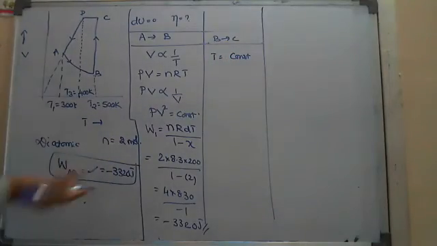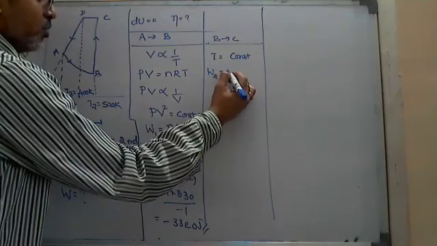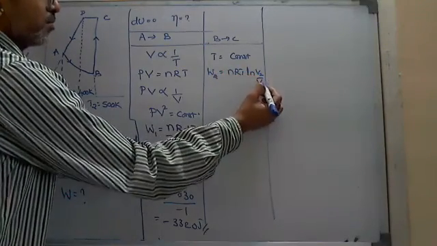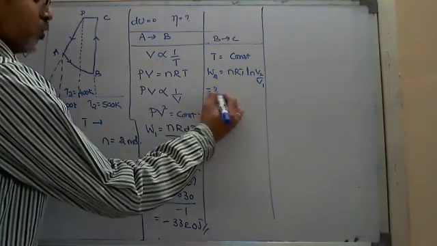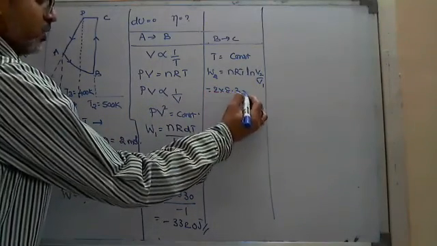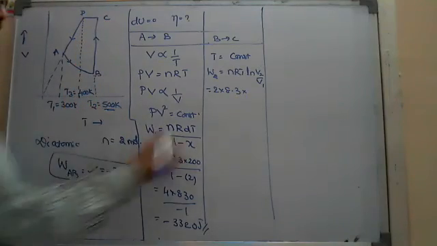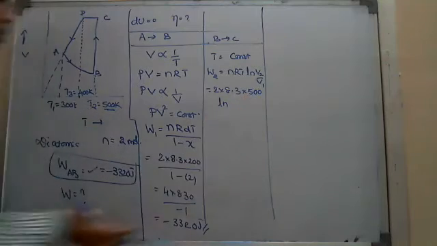The work done is W2 equals nRT log V2 by V1. Number of moles is 2, R is 8.3, and temperature B to C is 500, so 500 into log V2 by V1.